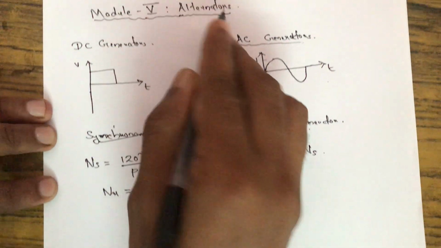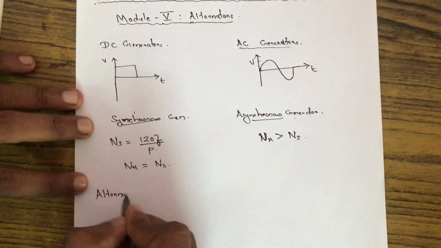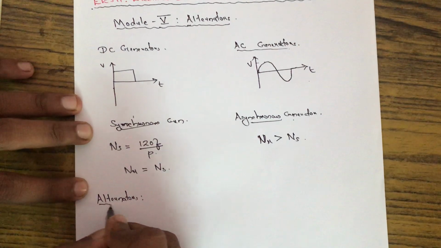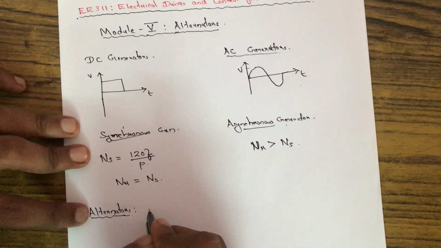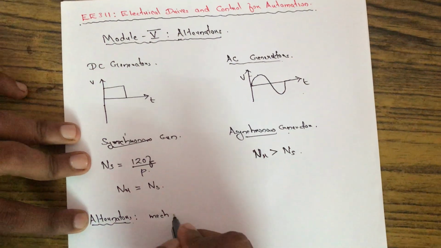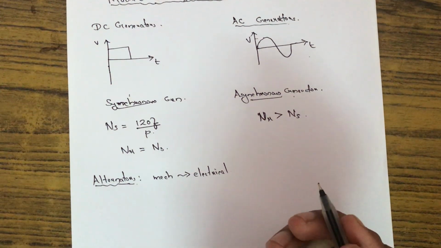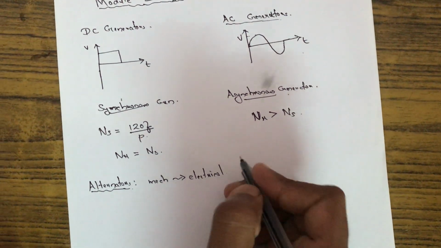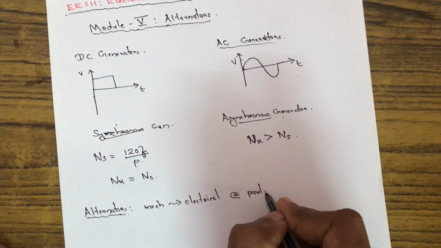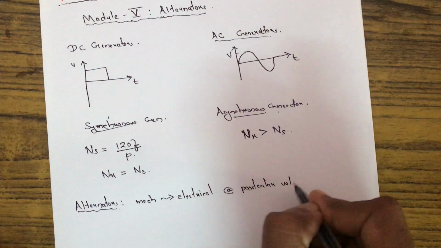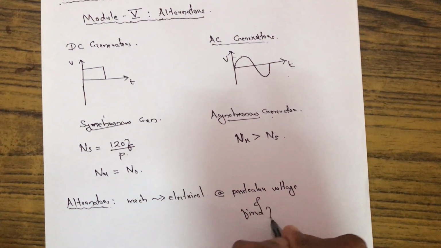So let us see what we mean by alternators. Alternators are machines which convert mechanical energy into electrical energy at a particular voltage and fixed frequency.